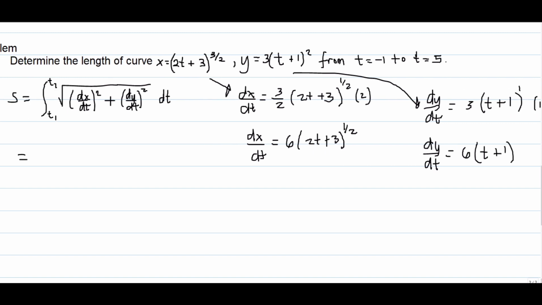Okay, so now we can substitute this equivalent dx over dt and dy over dt. So again, the limit is -1 to 5.